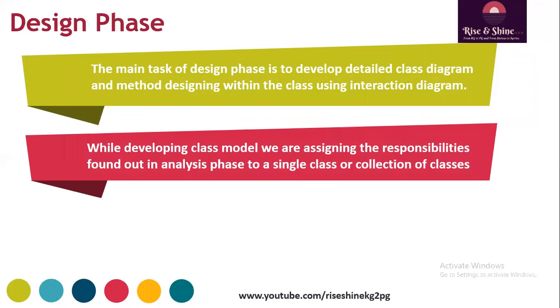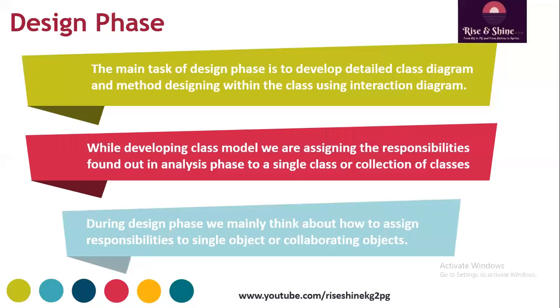And while developing this detailed class model, we are assigning whatever responsibilities we have found out in the analysis phase to a single class or some collection of collaborating classes. So developing a detailed class model means what? That is assigning the responsibility and designing the methods within that class thoroughly, in a detailed manner, using some interaction diagrams.